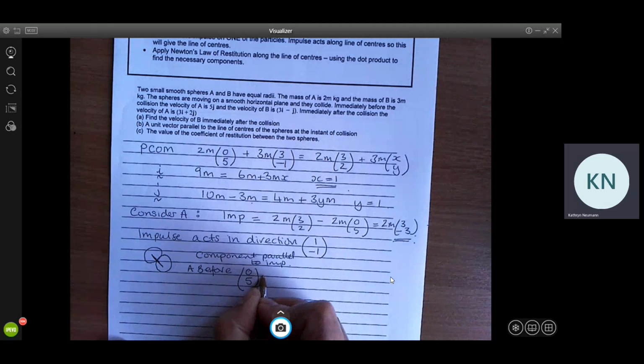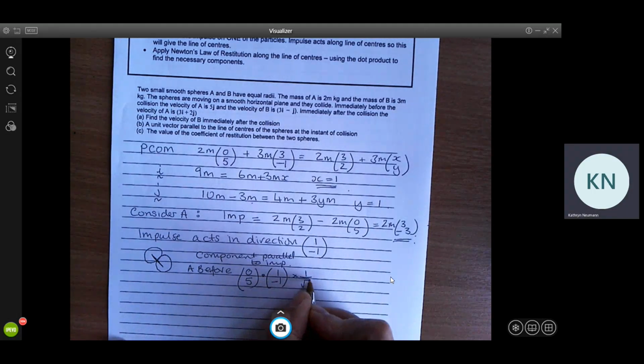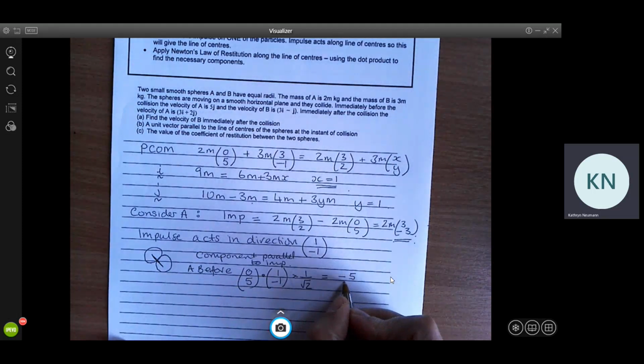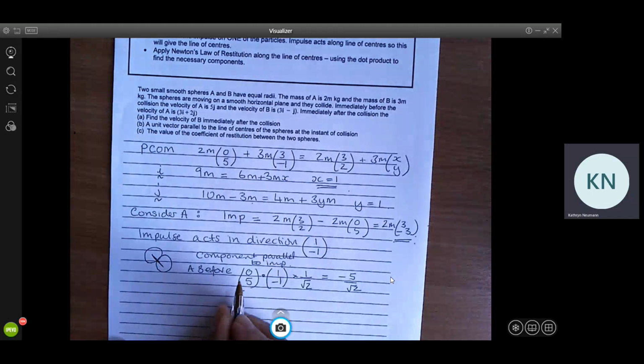And if I want to find the component in the parallel direction, parallel to this (1, -1), remember that you use the dot product, and you will see textbooks and worked examples using the unit vector for this. That's not necessary because it will cancel out. So I'll show you that they'll cancel. So this little bit here, we don't actually have to have that in. And that is equal to -5 over √2. So that's the component of A before.